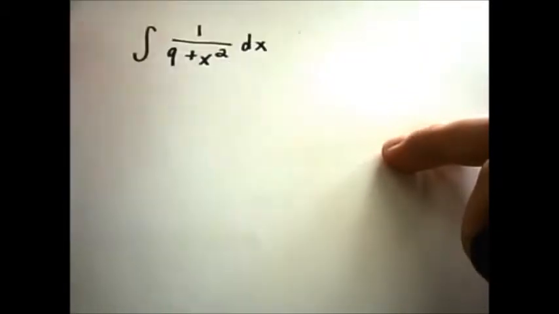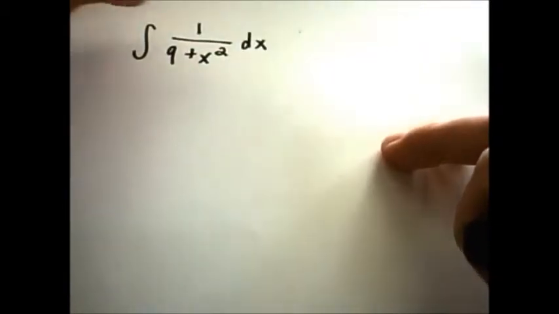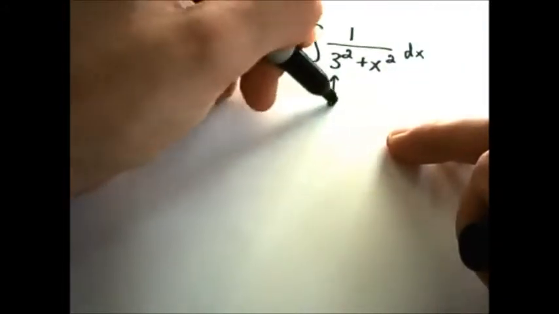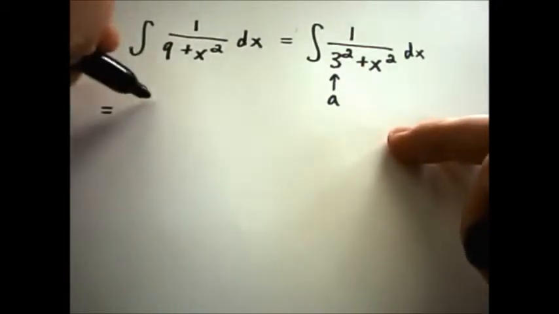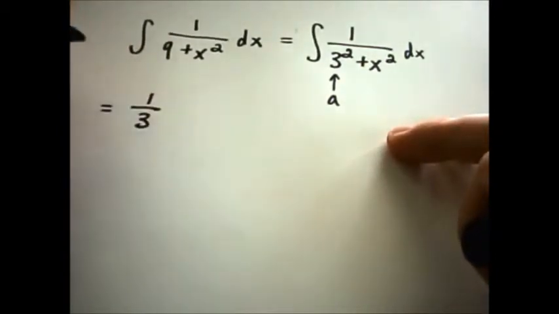So let's do some problems here with some integration. Alright, let's start off easy enough. Suppose it was 1 over 9 plus x squared. Well, this again is that arctangent formula I was just showing you.